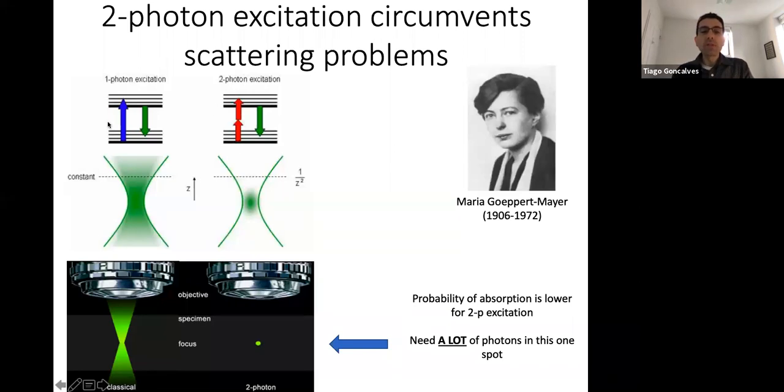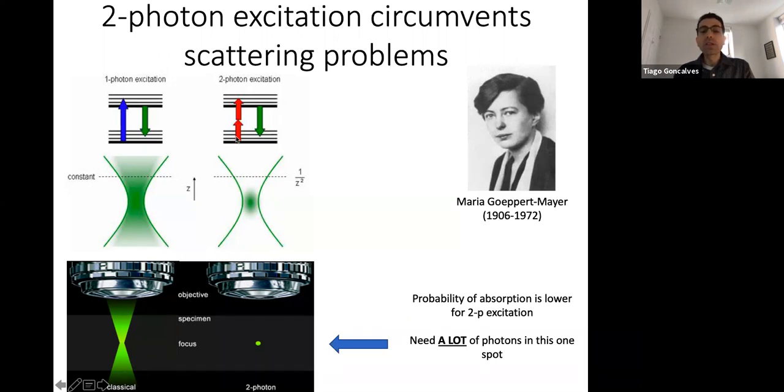In a normal fluorescent molecule, and I think you guys covered fluorescence with Luke in the previous lectures, right? So usually you have the excitation of a fluorescent molecule from the ground state to the excited state, and then you emit. For example, with GFP, you excite with the blue, emit with the green.